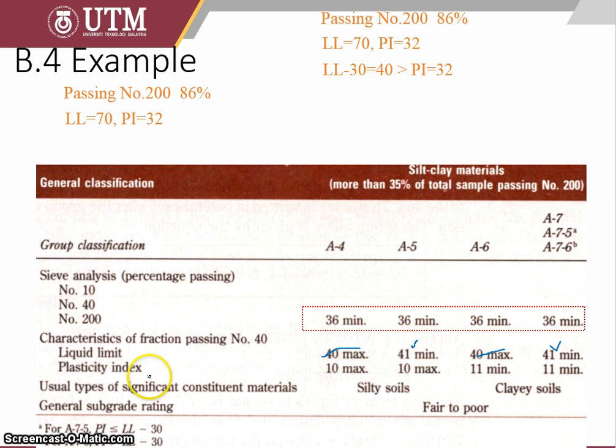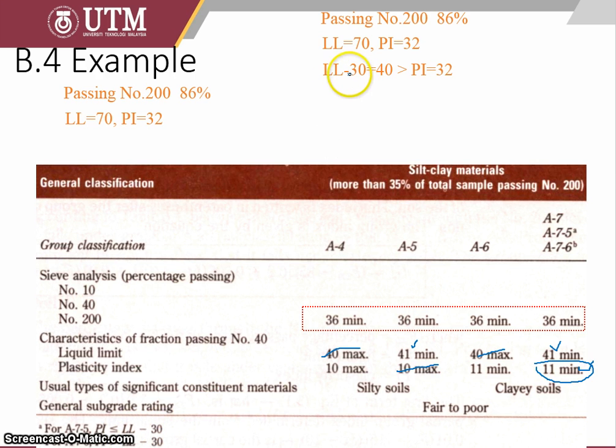So let's check the plasticity index, PI. As we know, we got a PI of 32, so that one is already out. So only A7 fits the data. Then check for A75 or A76. A75 is the condition where the PI is smaller than or equal to LL minus 30.